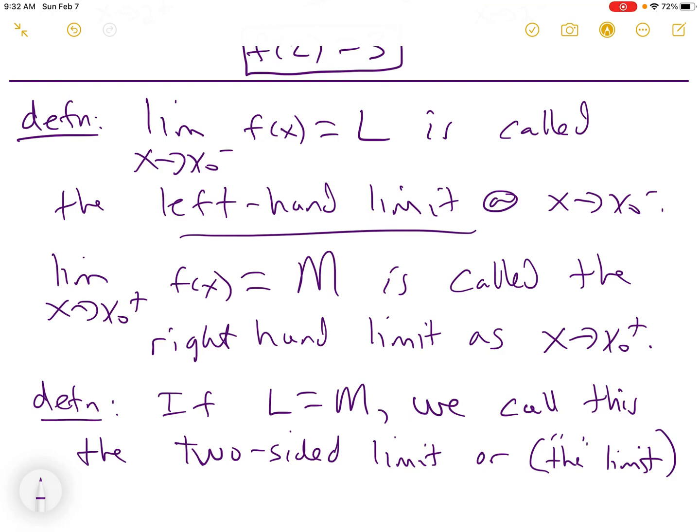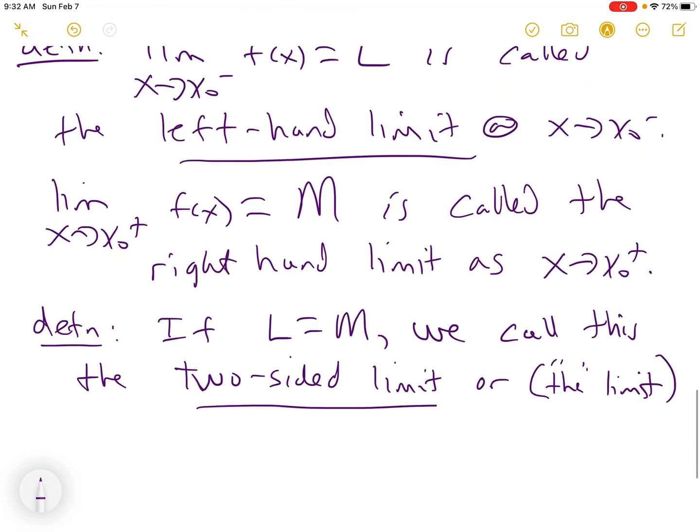Right, the limit should be in caps. If L equals M, we call this the two-sided limit, and write it, but there's no plus or minus there because they're both equal to each other.